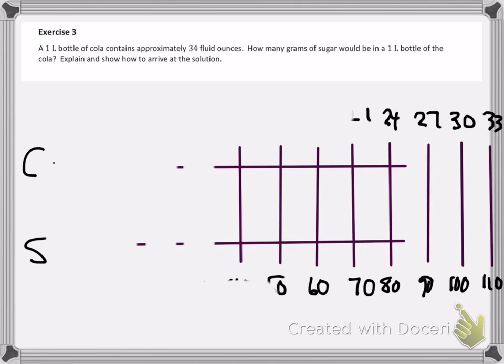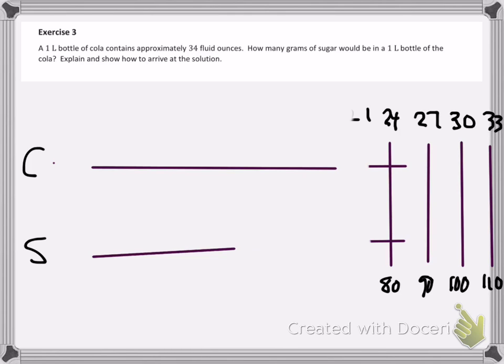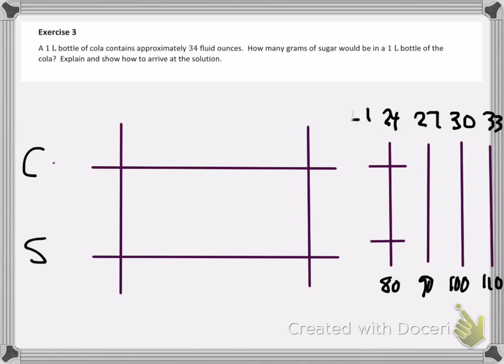Let me get rid of some of this stuff, and we'll zoom in to see where we're at. We're going to be looking at the space between 33, and then our next number of fluid ounces would be 36.